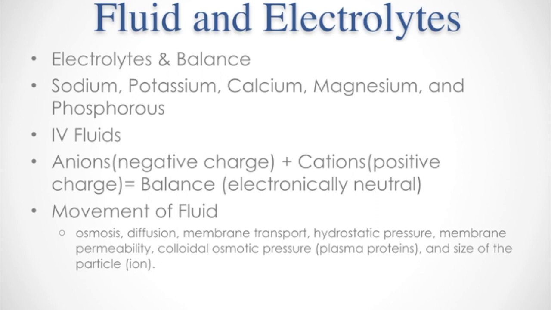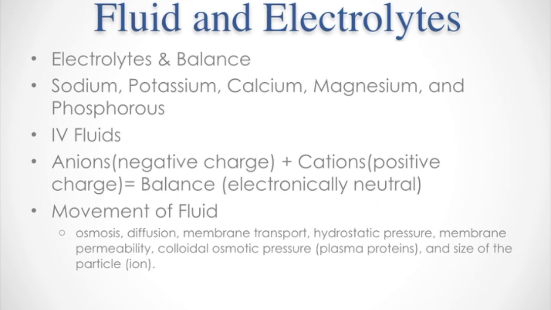Along with fluid balance, electrolytes play an important role. Electrolytes are substances that separate or dissociate into ions when they're in a solution. They are in both the intracellular fluid and extracellular fluid, and they can either carry a positive charge or a negative charge. Electrolyte balance is essential for normal physiological functioning, and it's closely linked to fluid balance.